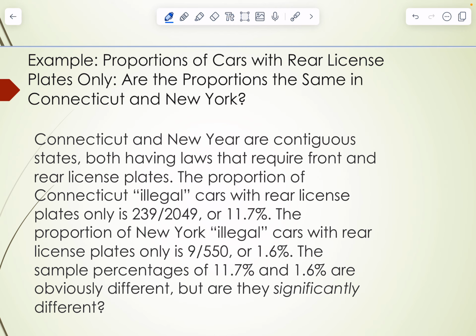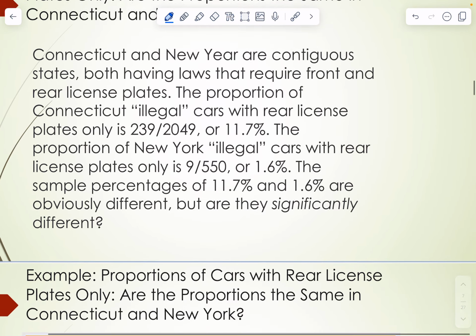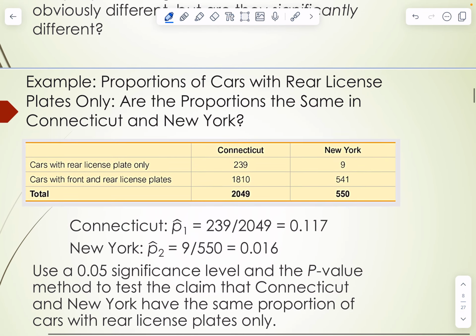The sample percentages of 11.7% and 1.6% are obviously different, but are they significantly different? Or is that just chance? Is there really a big variability in sampling?